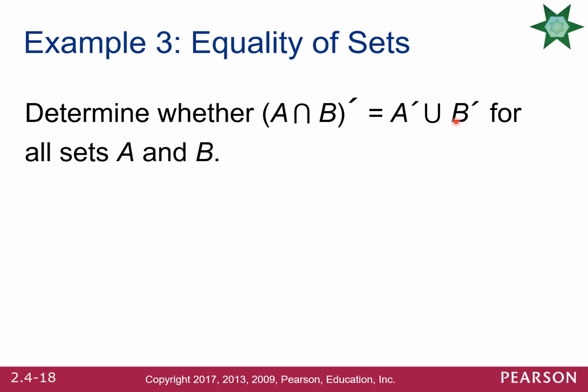The two sets given to us here are A intersection B naught, also termed as the complement of A intersection B, whether that's equal to A naught, that is the complement of A, union B naught, or the complement of B, for all sets A and B. So we will first start by sketching the Venn diagram and identifying the four regions that go with Venn diagrams of two sets.